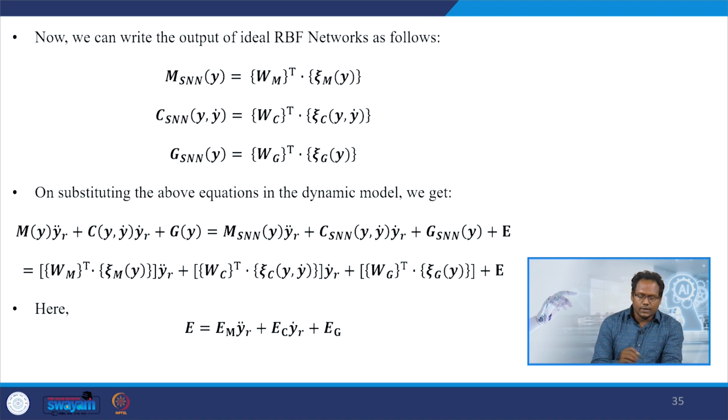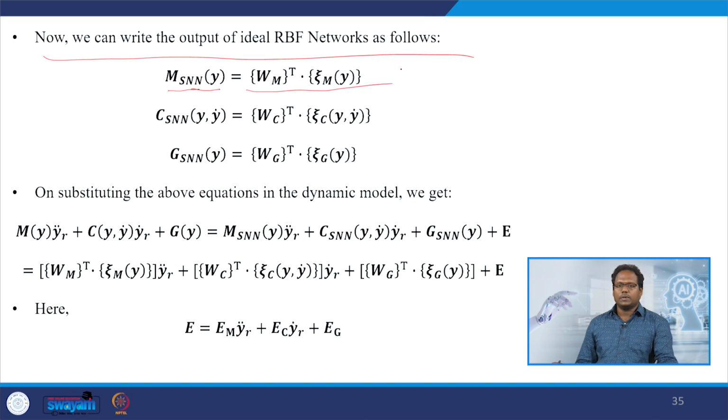Now, we can write the output of the ideal radial basis function networks as follows. That is, M_SNN of y equals W_m transpose multiplied by the activation function output, that is the output of the hidden layer, psi_m of y, where y is the input to the network.